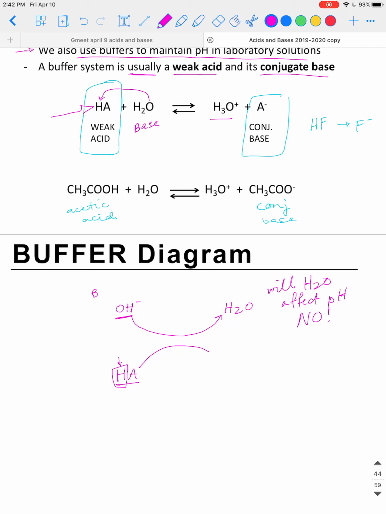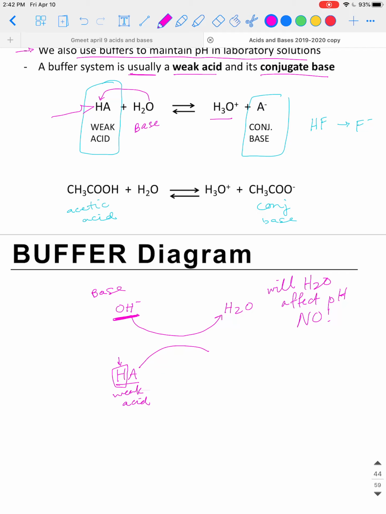So what we just did is we took this base, which is threatening to change pH, but we reacted it with our weak acid from our buffer. We gave it the hydrogen ion from the weak acid, and we created a substance that will not affect pH, water. Now, what's left over from the acid?